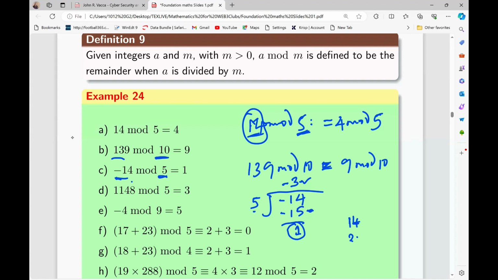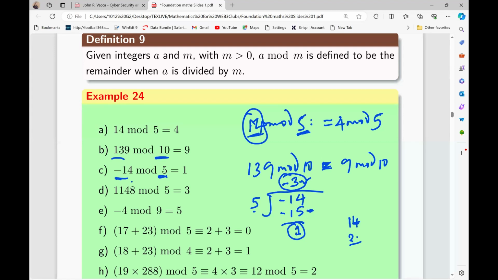Once I discover it is 2 point something, then I write here negative 3.